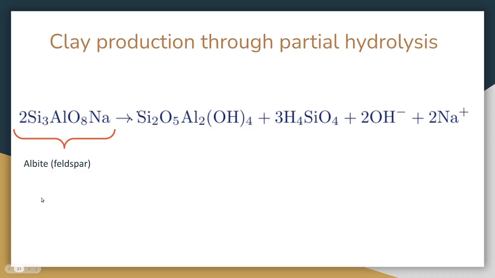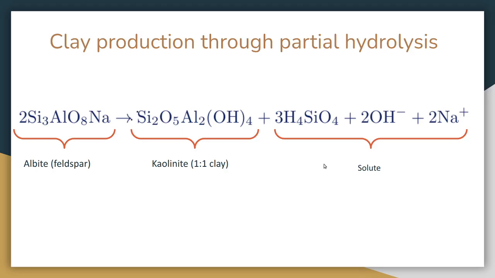Especially, aluminium is an element that doesn't have a lot of mobility. It doesn't dissolve very easily and doesn't really move from the rock unless there are very extreme conditions. So we will be expecting to have kaolinite, meaning the one clay in this case, which also has aluminium.